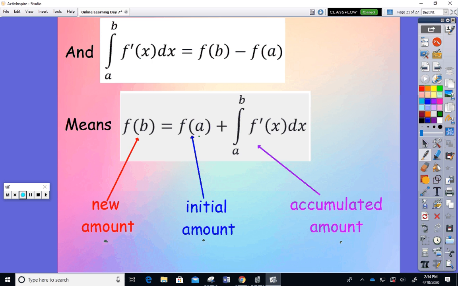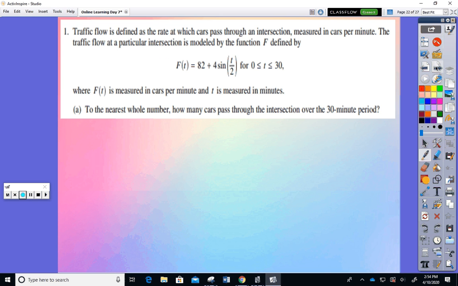This basic construct will get us out of a whole lot of jams if we always come back to this simple idea. So traffic flow, hey, we just did this problem. We did, but I asked you another couple of questions on it, or maybe one question, maybe part C or something. But now we're going to do part A. So traffic flow is defined as the rate at which cars pass through an intersection. We already know that. Big F is in cars per minute.